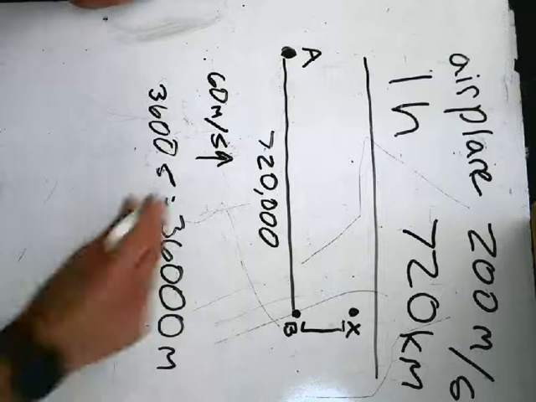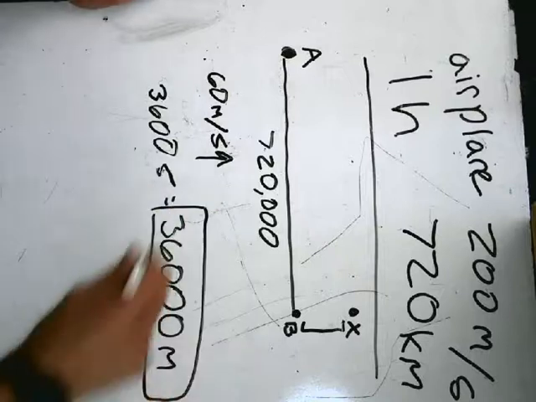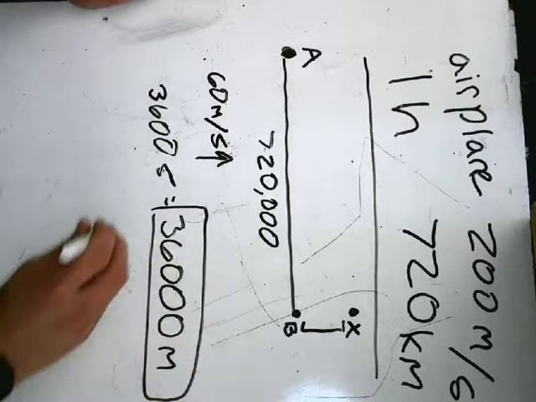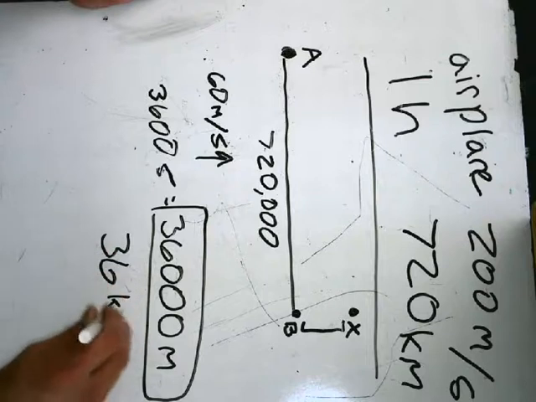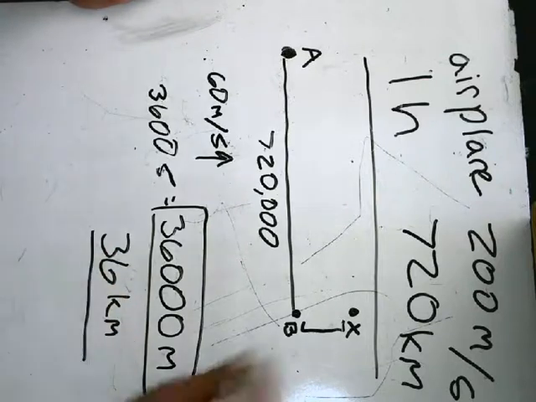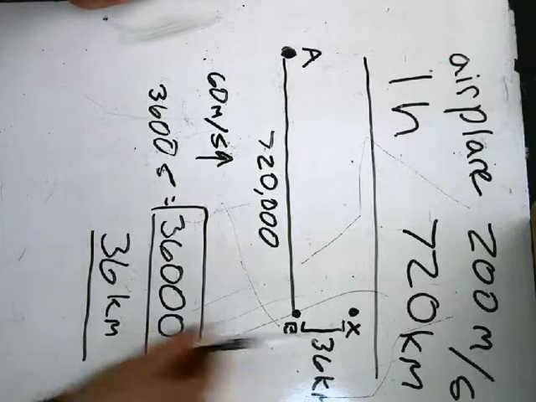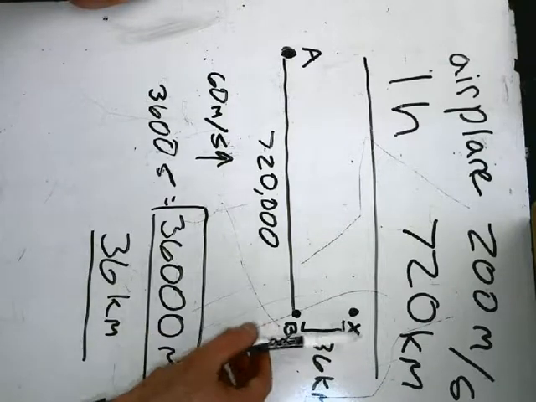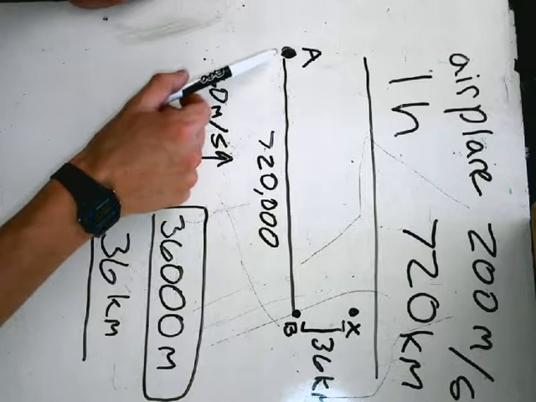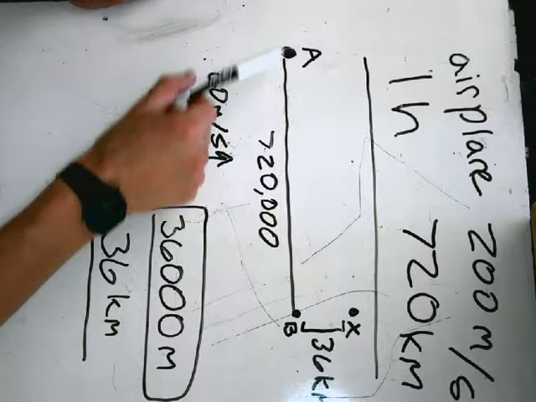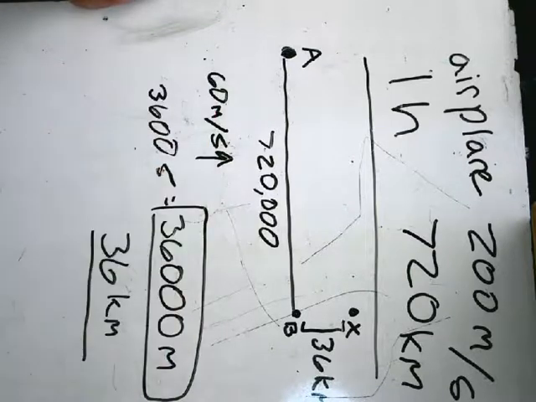We're going to do one more problem. It's a little more complicated. Do this with an airplane again, because it's easier. So you got an airplane, and it's moving at half the speed of the last one at 100 meters per second.